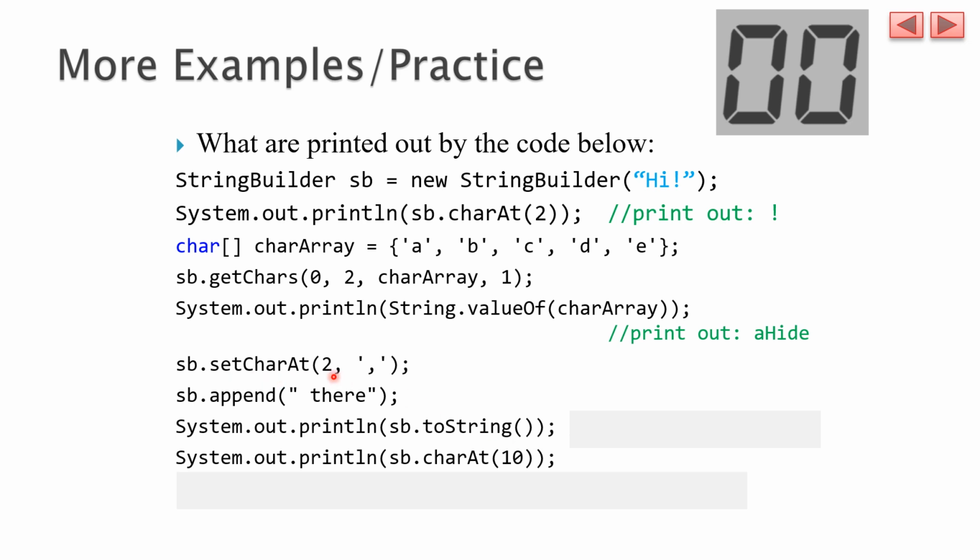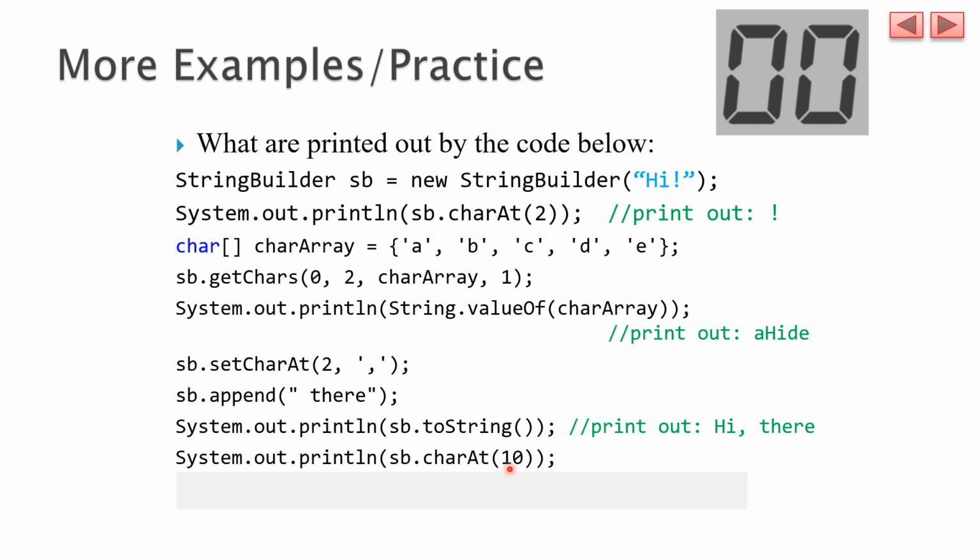The setCharAt will set the character at index 2 to be a comma, and then the append method appends the string starting with a space and then "there" to sb. So the result should be "Hi, there". So there's a space between the comma and "there".